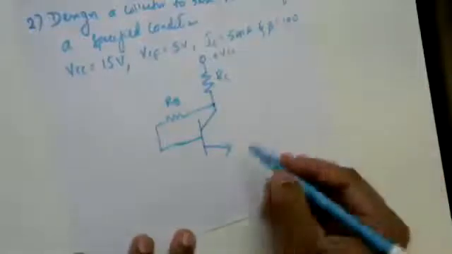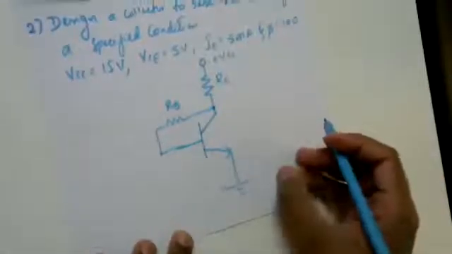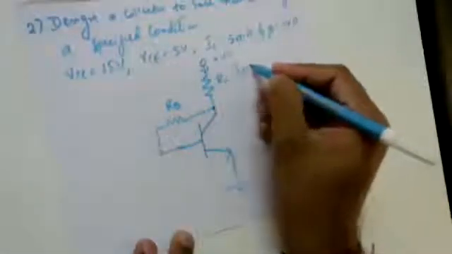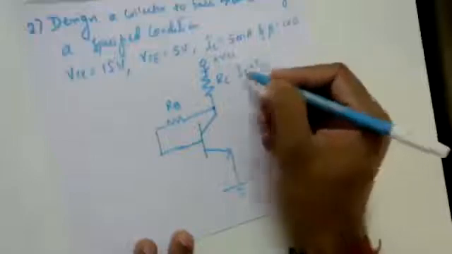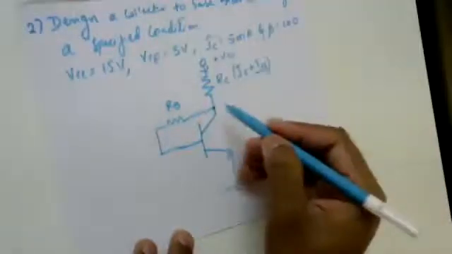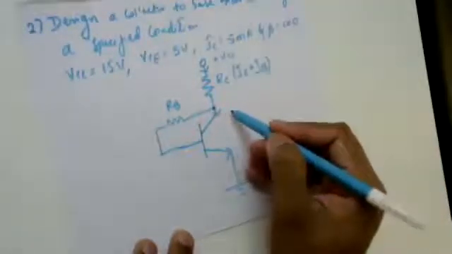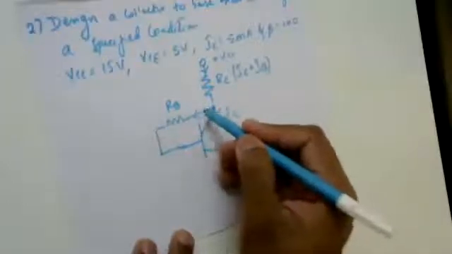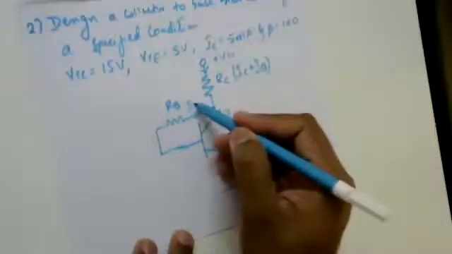Then this emitter is grounded. The current that flows through this resistance RC is IC plus IB. At this node, the current that flows over here is IC, and the current that flows to the base resistance is IB.